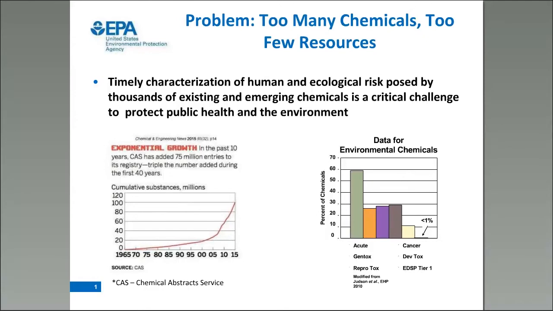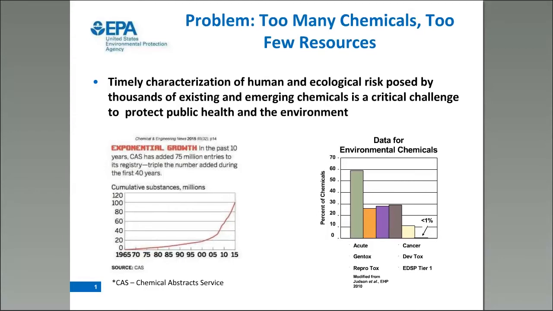A timely characterization of the human and ecological risk for thousands of chemicals in the environment is an important and critical challenge for us as we're trying to protect public health and the environment. So the graph on the left is from 2015, but it shows the significant growth of chemicals added to the CAS registry number list.